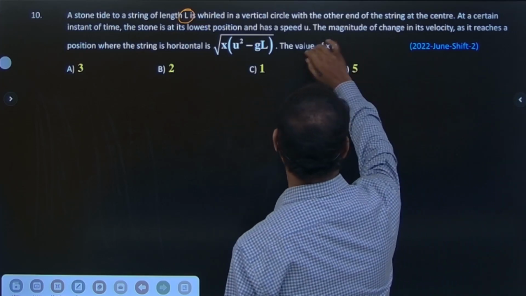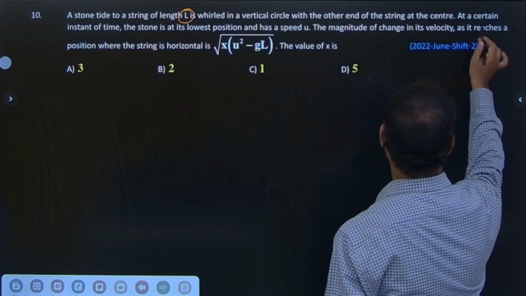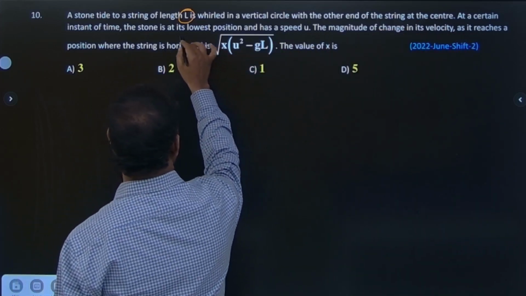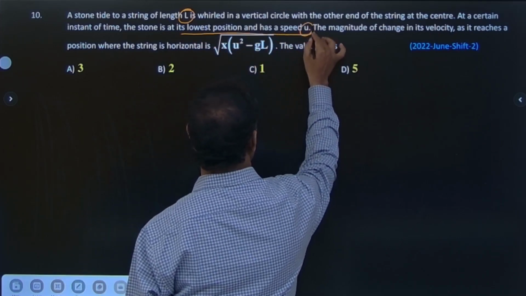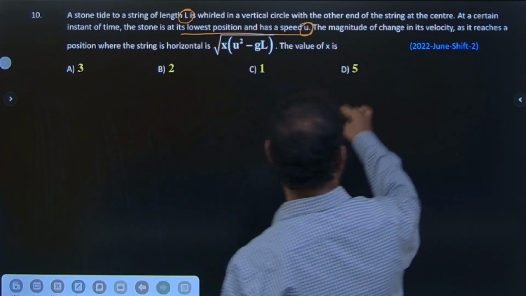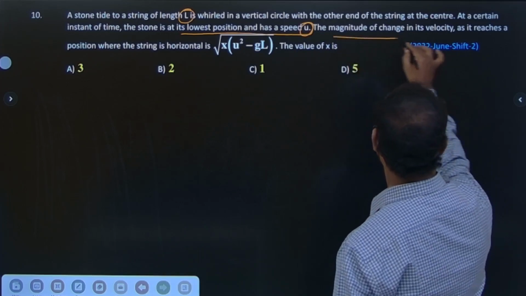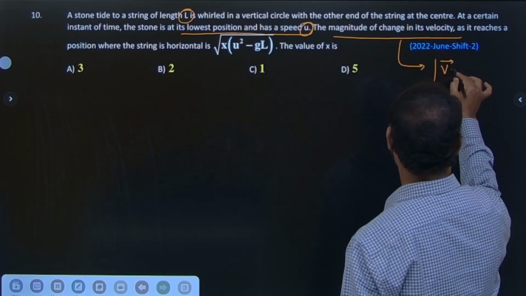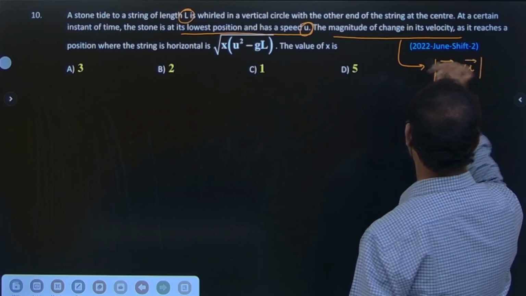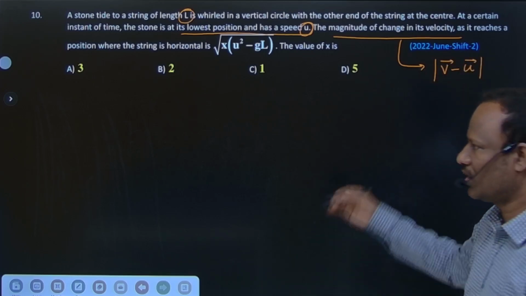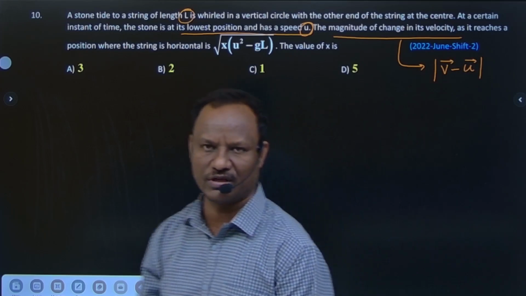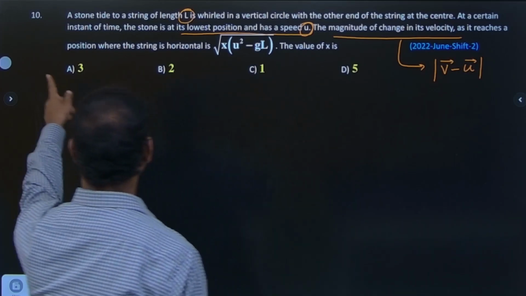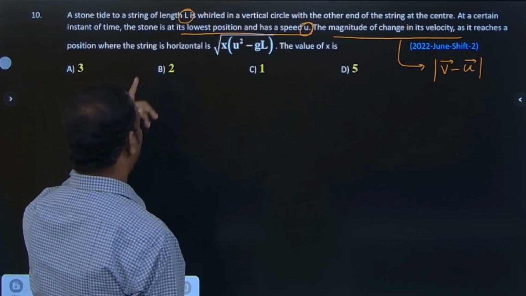At a certain instant, the stone is at its lowest position with speed v. We need to find the magnitude of the change in velocity, magnitude of v bar minus u bar, which is the square root of v1 square plus v2 square minus 2 v1 v2 cos theta, as it reaches the position where the string is horizontal.